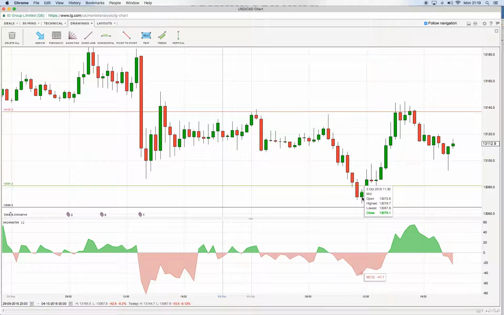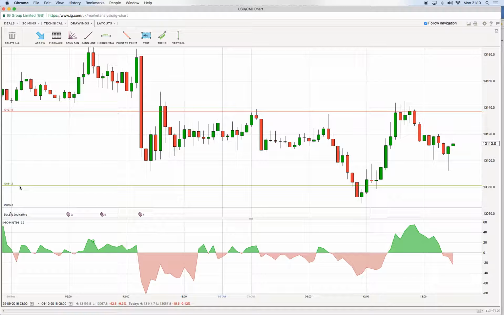So how do we get into this trade? We wait for the candlestick to close. As you can see, the close is at 76, and then we buy a few ticks above the highest high of this candle. The market has a reading of 1.3078.7, so we add 3 pips on it, giving 1.3081.7.